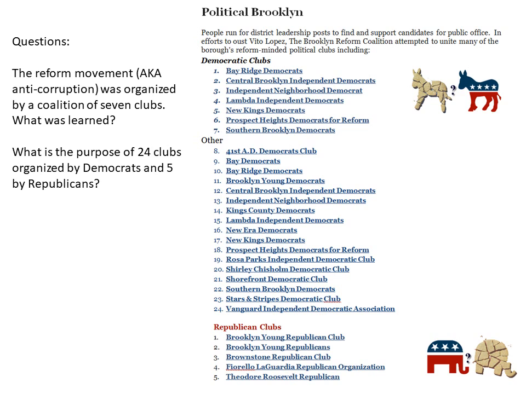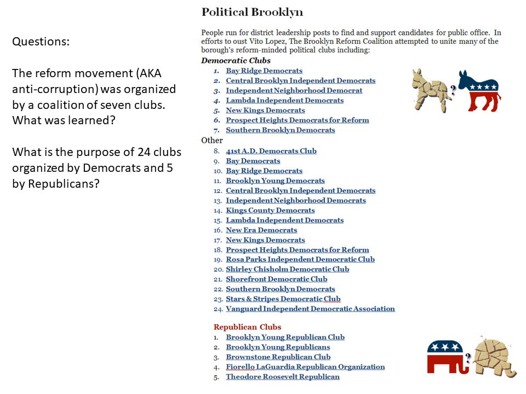And finally, from a political research point of view, it's really important to understand the role and effectiveness of all 24 Democratic clubs that are currently functioning in Brooklyn, have various websites and Facebook pages. The reform movement, however, is led by that top seven, what was called the Brooklyn Reform Coalition, in reaction to the old Boss Club, Mita Esposito, Vito Lopez.